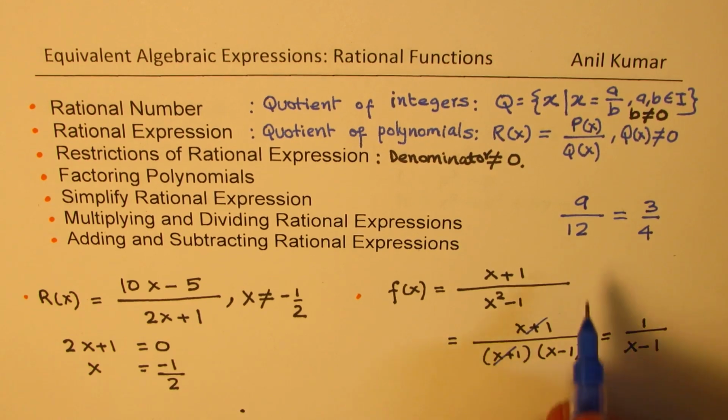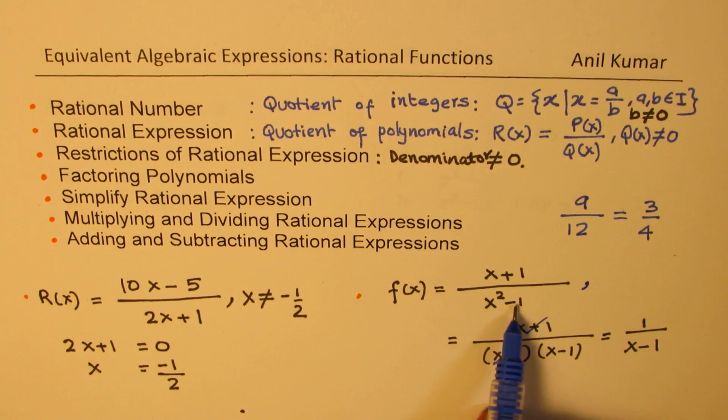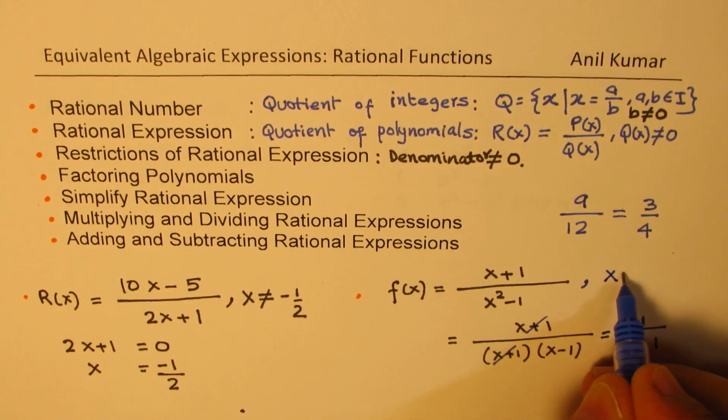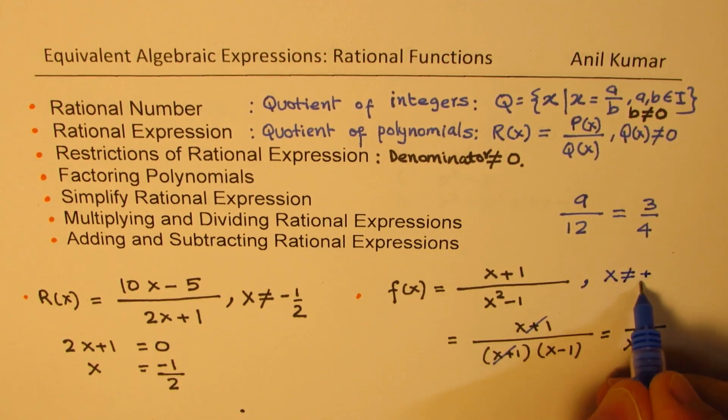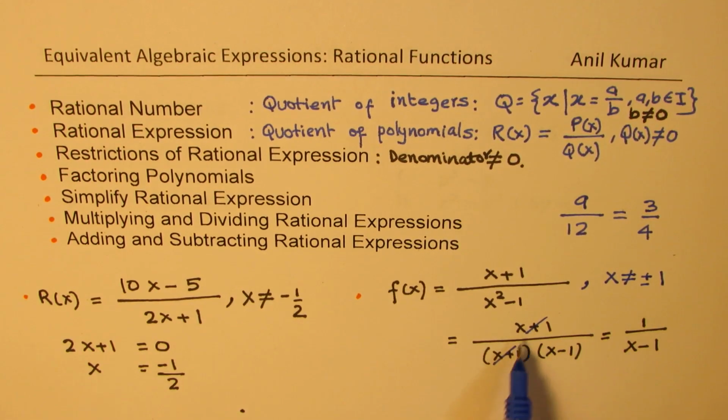The important thing to note here is that in the function given, we have two restrictions, and that is x is not equal to plus and minus 1. But if I leave it at this stage after cancelling, 1 over x minus 1, we see that there is only one restriction.